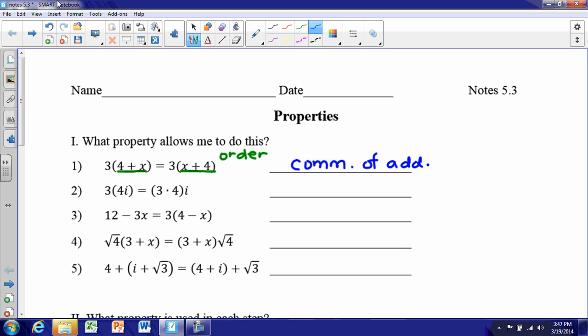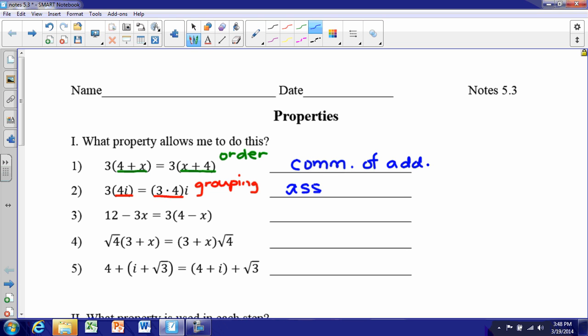Okay? Looking at the second example. I have 3 times 4i, and then I have 3 times 4 times i. So what actually changed was the grouping inside parentheses. The property that goes with grouping is associative.